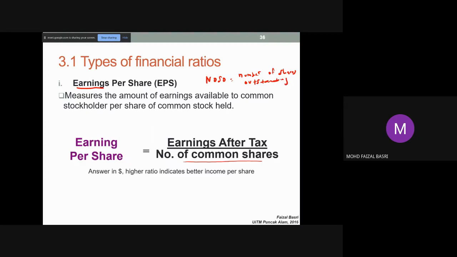You cannot find the number of shares outstanding in the balance sheet or income statement. Instead, it's still in the annual report. Maybe in the notes to the statement.